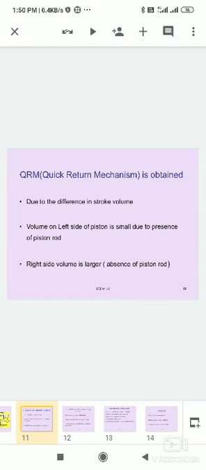Now the oil under high pressure is pumped to the left side of the cylinder, causing the ram to perform the return stroke, and the oil on the right side returns back to the tank.